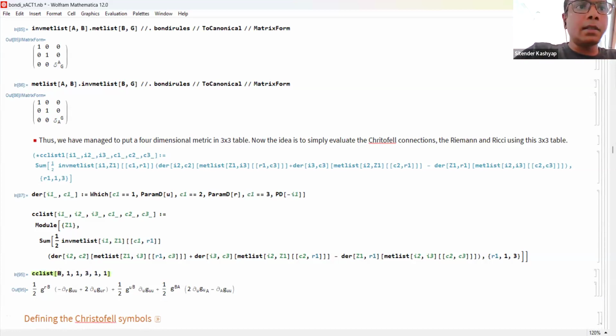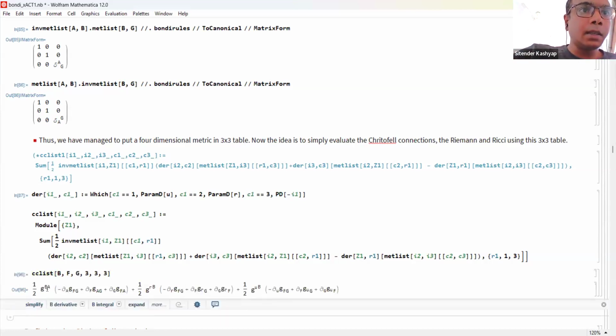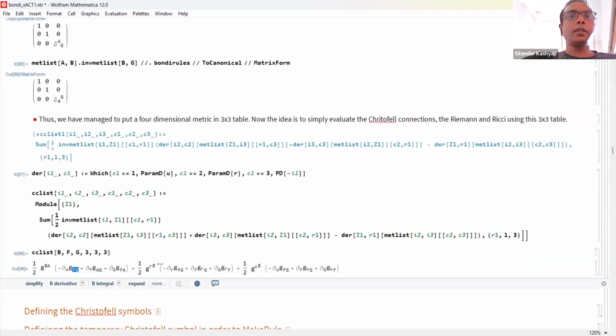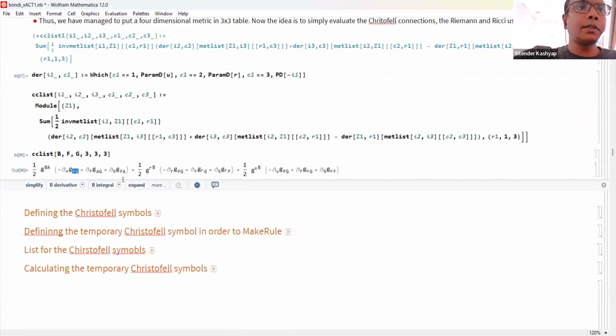Let's say B F G, for example. This will be gamma 333. Now you see there is this dummy index which Mathematica has given, but then there is this upper B and then lower F and G. Just look at this. This is how we code it. With this, we will have all the Christoffel connections.